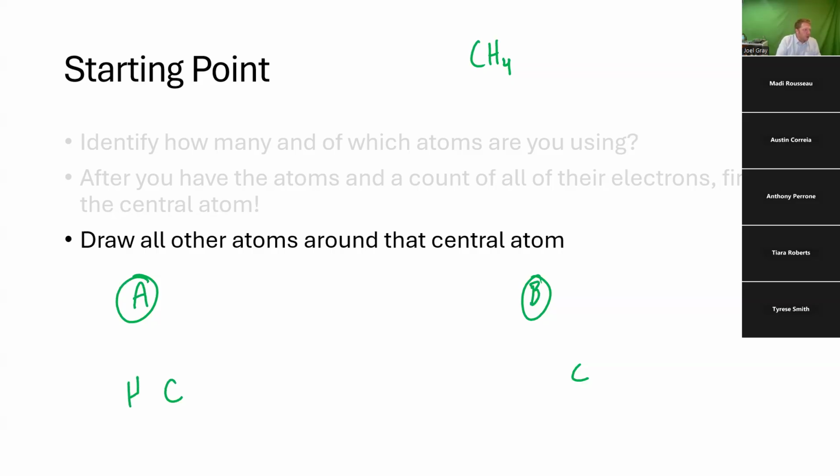One option is I'm going to draw H, H, H, H. I haven't drawn any electrons, I haven't drawn any bonds, but I'll give you that option, and then here's another option. Before you place anything, let's just do a little survey. Do you think that it's A or B?